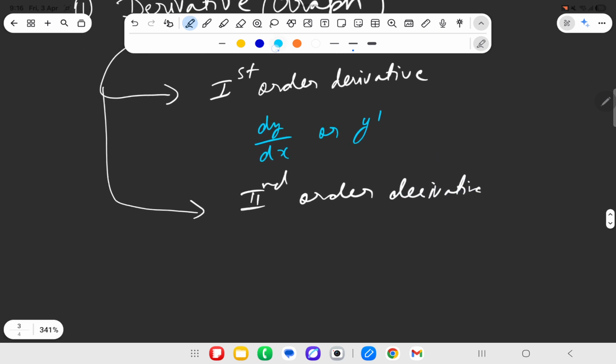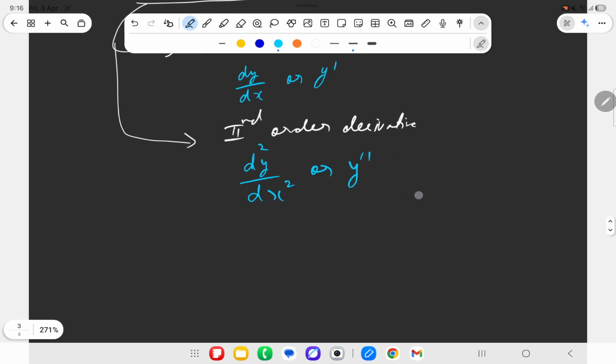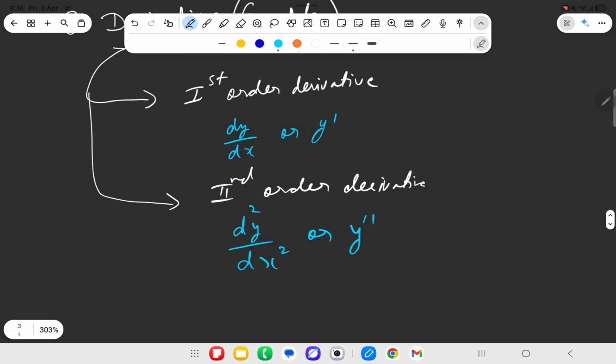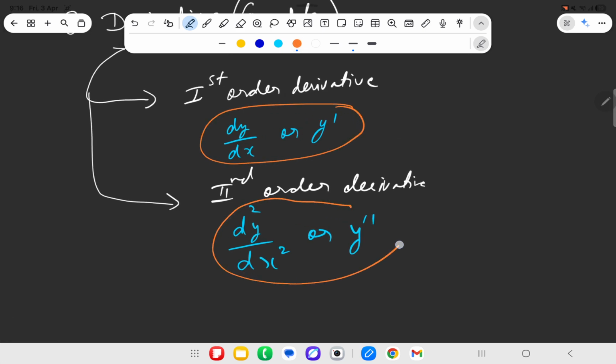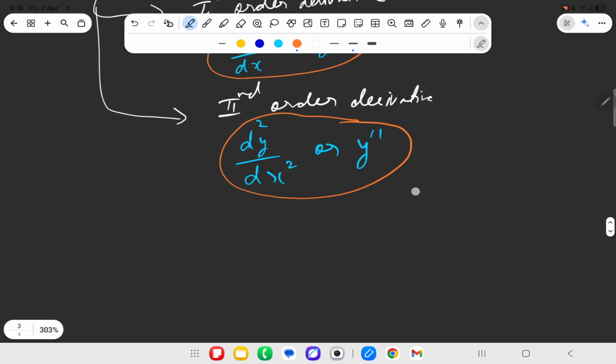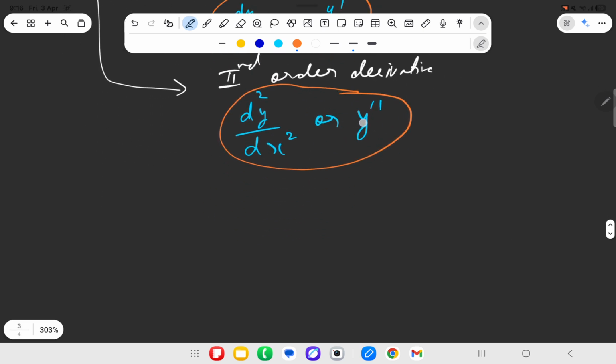Its notation is d square y by dx square, or y double dash. Now I am talking about behavior of y dash and y double dash graphically. Initially I am talking firstly about y dash, that is first order derivative.